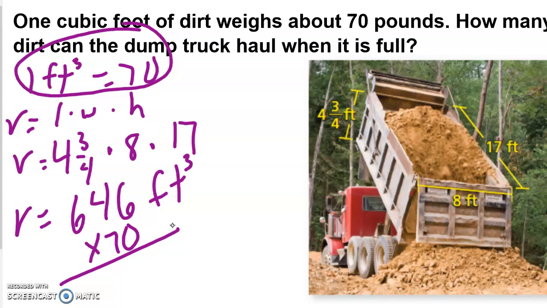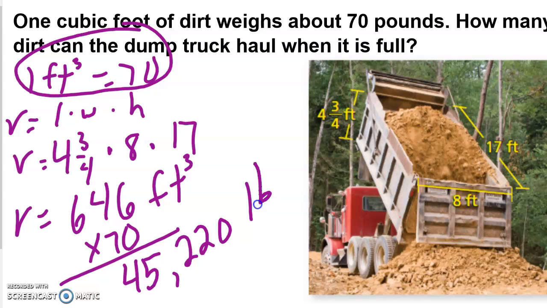Let's see if you and I agree. 3, 2, 1. All right, geniuses, I got 45,220 pounds. All right, nice job on the application word problem. Let's look at one more.